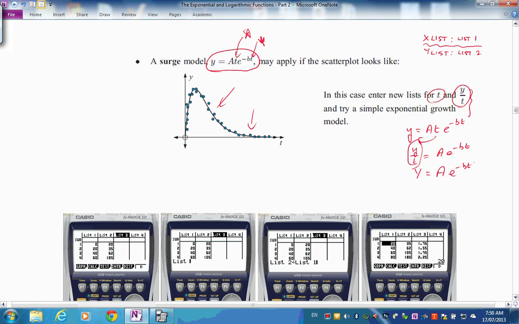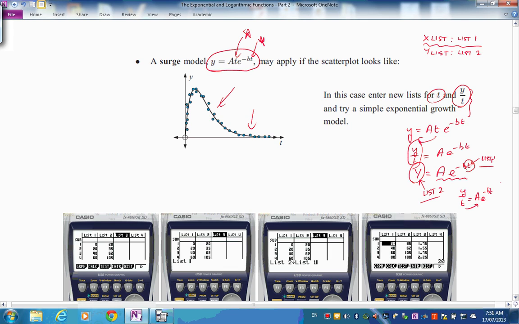So I'll put into list 1 the independent variable, put this into list 2, and the calculator only now has to work out a basic exponential function connecting y and t. Then when I get that, I can say, well, that means y over t equals whatever function they have gotten for me from the calculator, and then multiply it across again.